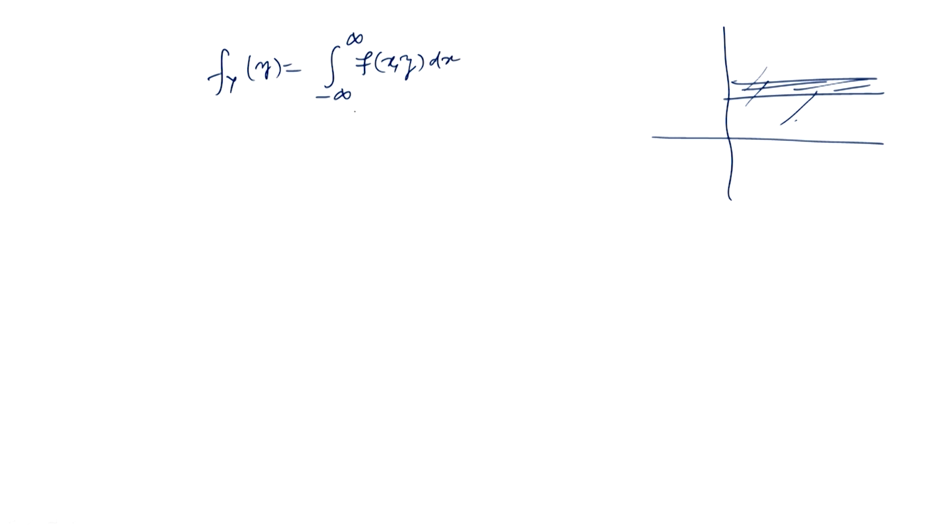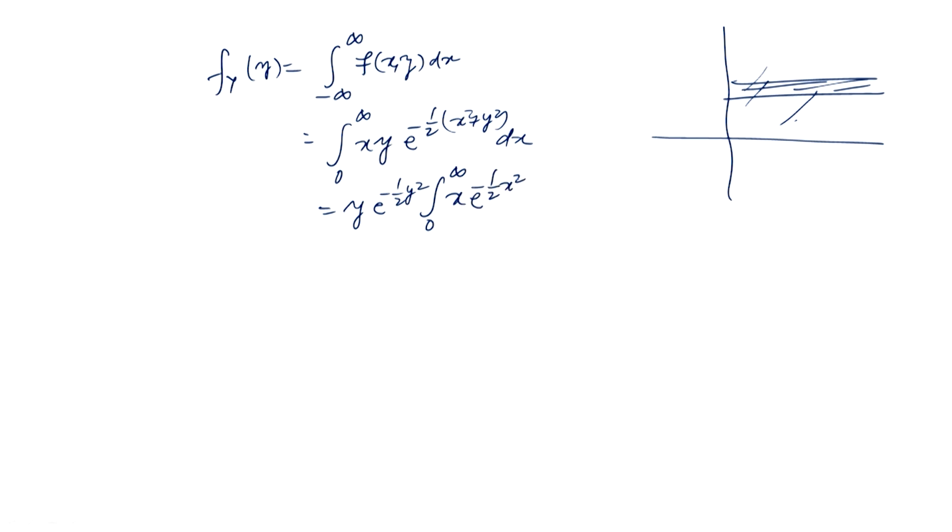So, this will be equal to integral over 0 to infinity of x y e to the power minus half (x square plus y square) dx. So, y e to the power minus half y square we shall write outside, and integral 0 to infinity x e to the power minus half x square dx.